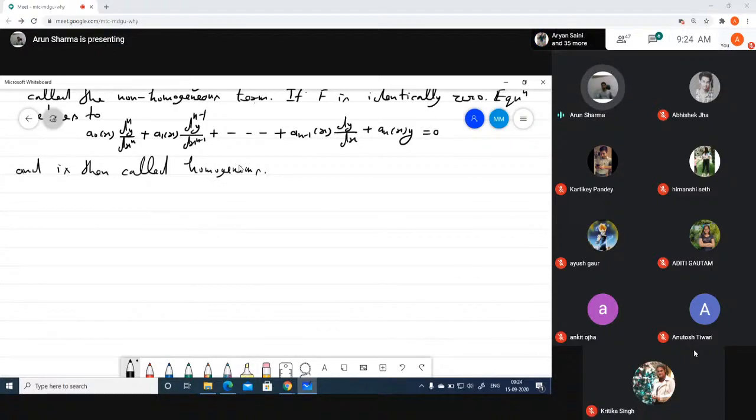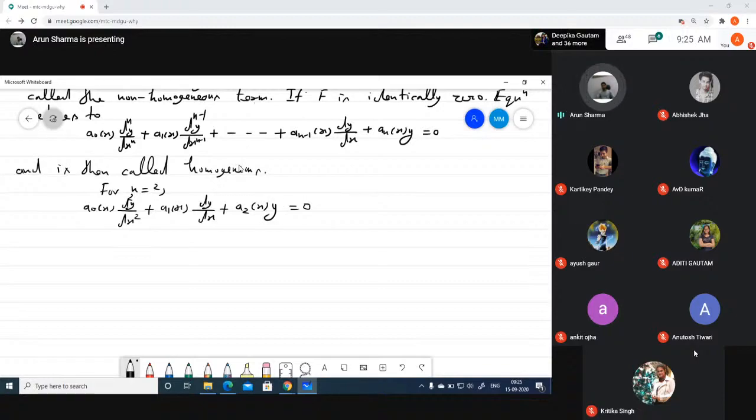So for example, if I take n equals to 2, because in your course second order differential equations are important, this is a0(x) d2y/dx2 plus a1(x) dy/dx plus a2(x) y equals 0.